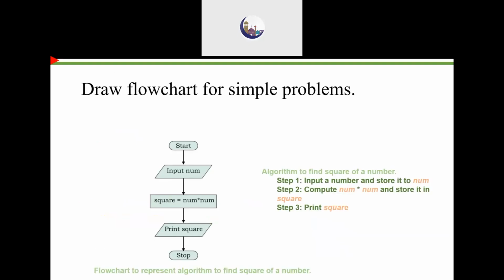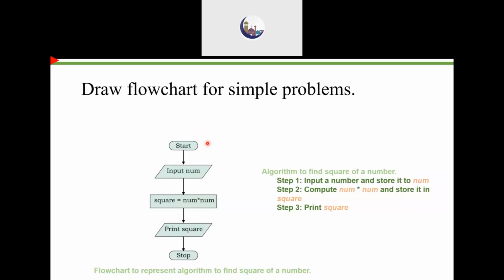So we have seen earlier there was one algorithm which we wrote for calculation of the square of a given number. Now with that algorithm, we will try to convert it into a flowchart. Remember, in the flowchart, the rounded rectangle, or in simplest terms the ellipse, is used for representing the start and stop symbol.